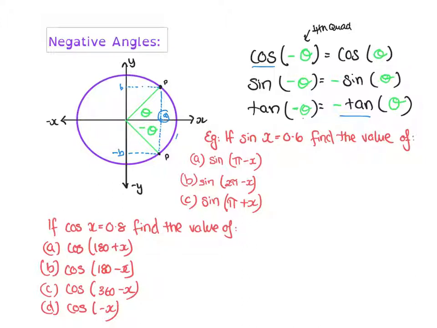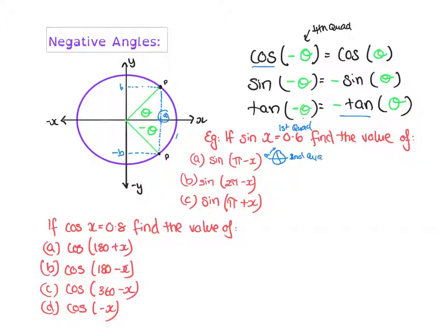So here, they're going to say find, if sine x equals 0.6, that's when you're in the first quadrant. Find the value of sine of pi minus x. So you'd be over here at pi, and we'd go backwards, minus x. So we are in the second quadrant.